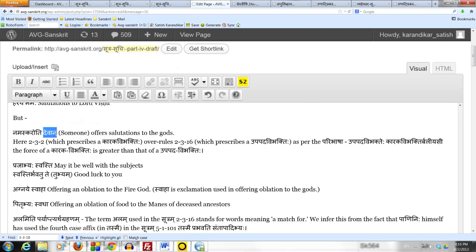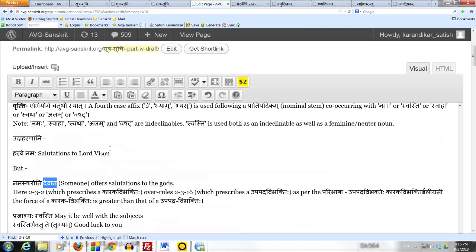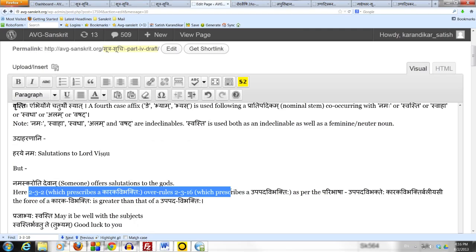Hence Deva gets the Karma Sanya by 1-4-49 and it takes the second case plural affix, in spite of Namaha being present, because 2-3-16 prescribes an Upapada Vibhakti which has less force than a Karaka Vibhakti. So therefore the fourth case affix does not apply. We apply the second case affix by 2-3-2.